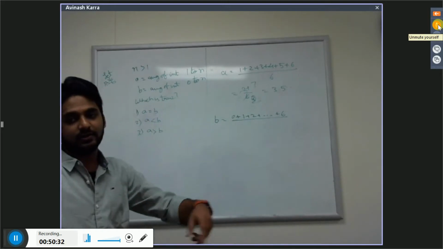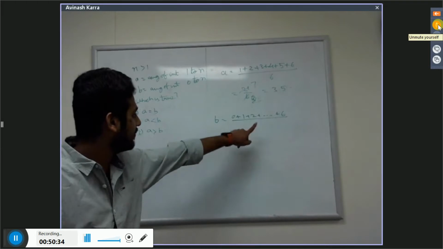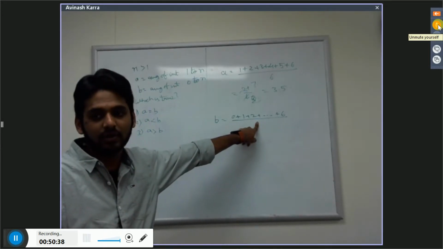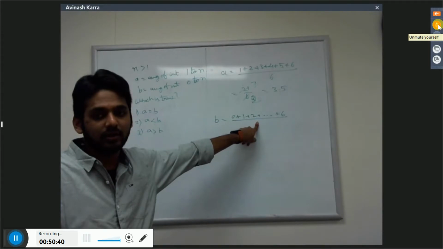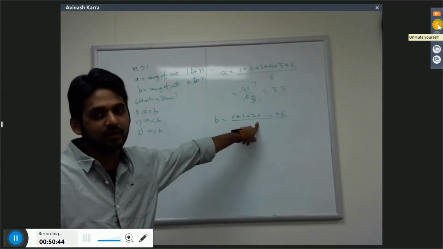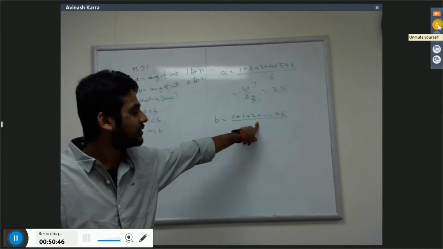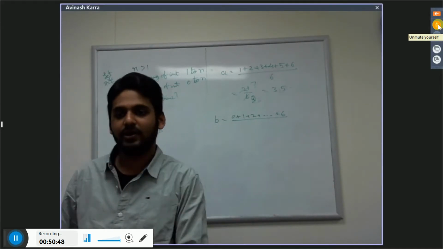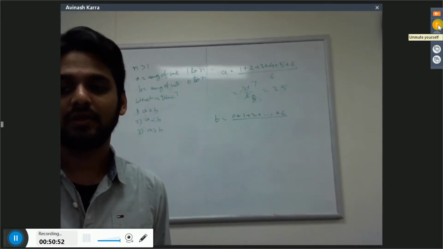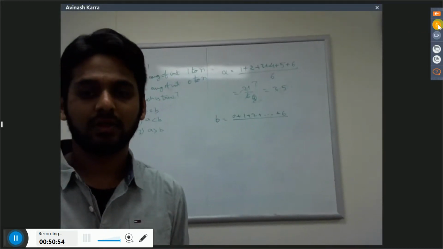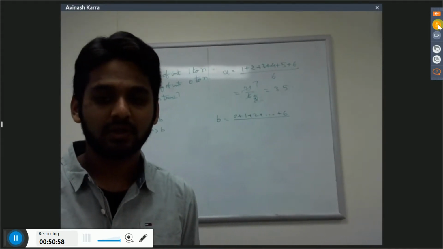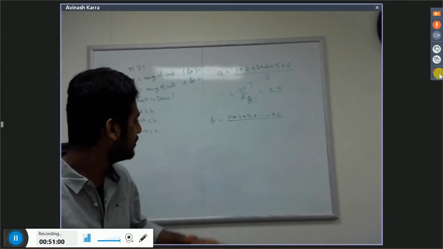What will be the number in the denominator?